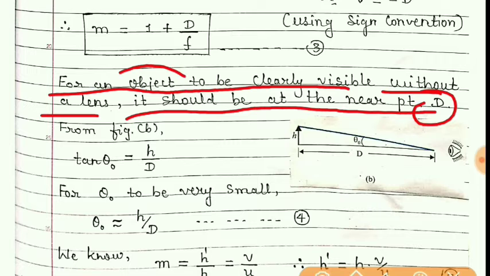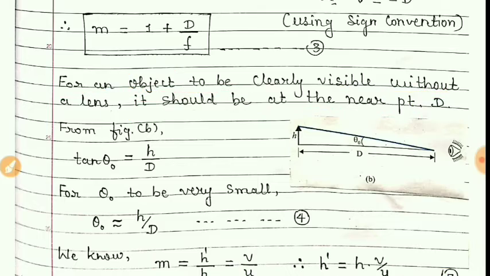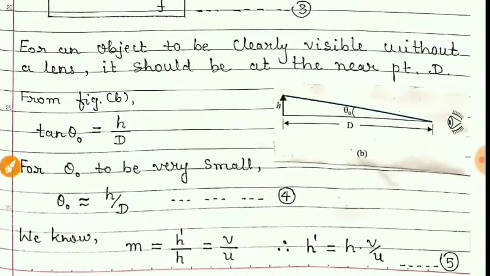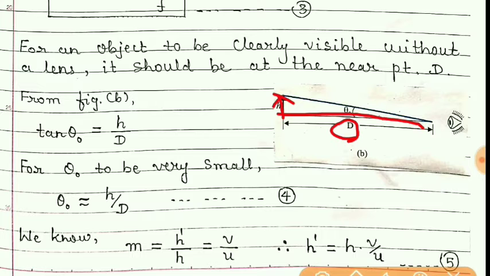To observe any object clearly, that object should be at near point, that is the minimum distance to observe any object clearly. And you can see from the figure that this is the object and it is at a distance d from the eye, and it subtends an angle theta naught.